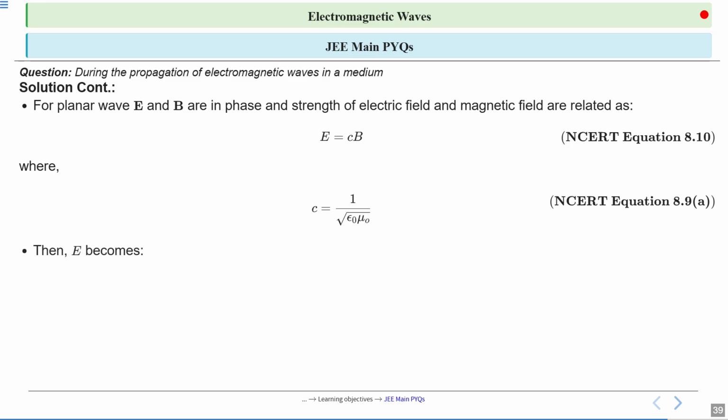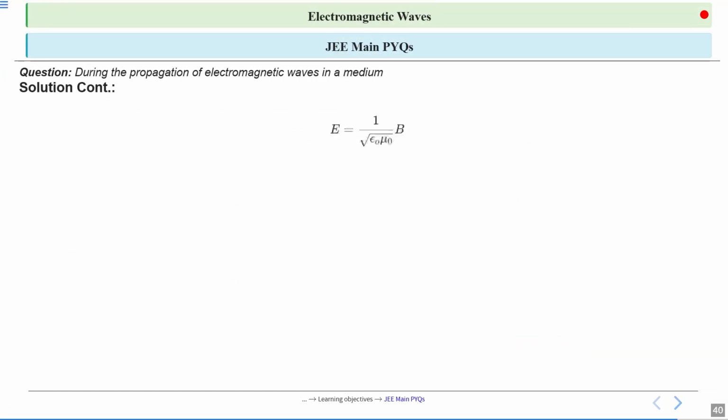So E will become E equal to 1 by root epsilon naught mu naught into B. Now we will modify it. Squaring on both sides, E square will be equal to 1 by epsilon naught mu naught B square. So epsilon naught E square will be equal to B square upon mu naught.